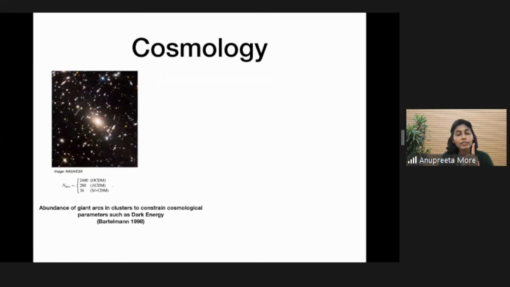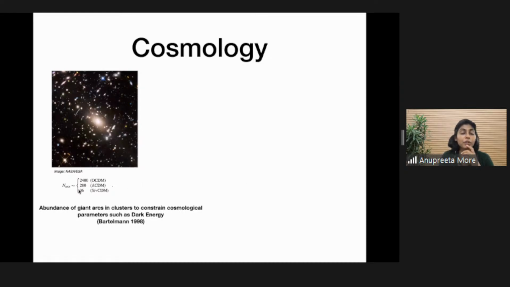I want to quickly just mention, apart from just these observables directly, we can look at a sample of lens systems, and with the help of statistical observations we can also measure certain properties. Either we can constrain the cosmological parameters, or we can get constraints on the model of the lens itself.